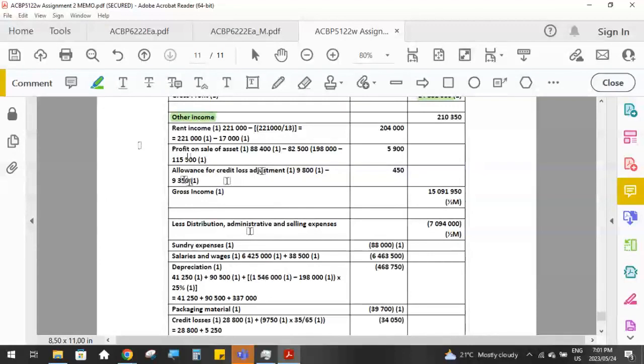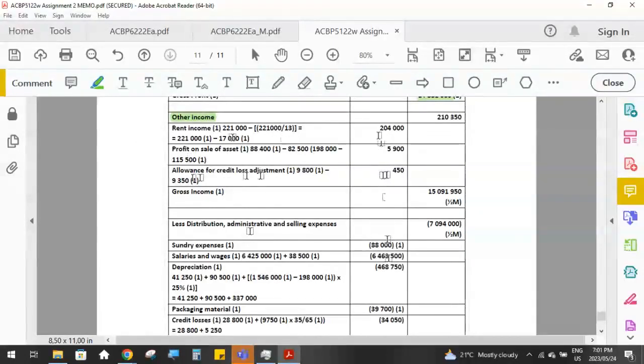So because this credit loss adjustment account, if it's a debit, it would be recorded under expenses. And if we credit that account, we record it under income. Because remember, in the profit or loss account, if it's a credit, it's income.